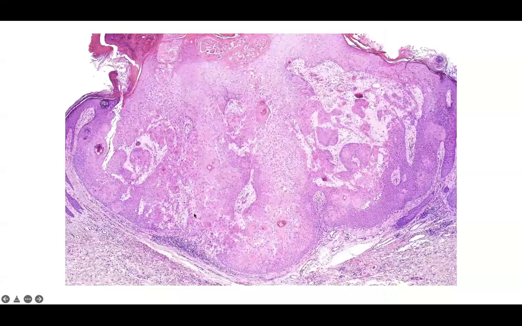On higher power, you're going to see a lot of squamous eddies as well. Now, this is easy for someone to misdiagnose as a squamous cell carcinoma. It's important to get in on high power and make sure there's really no significant mitotic activity or nuclear pleomorphism, and what you really have are just abundant squamous eddies.